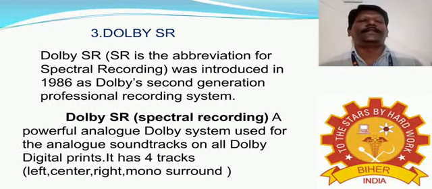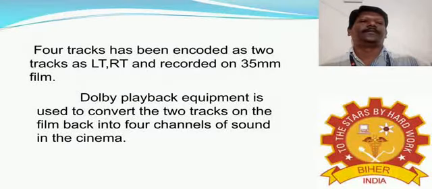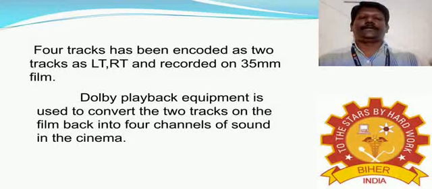Then when they screen this film, these 2 track informations will be taken and decoded as 4 tracks, and these 4 tracks will be routed to the amplifier. Then output of the amplifier is connected to the respective speaker.